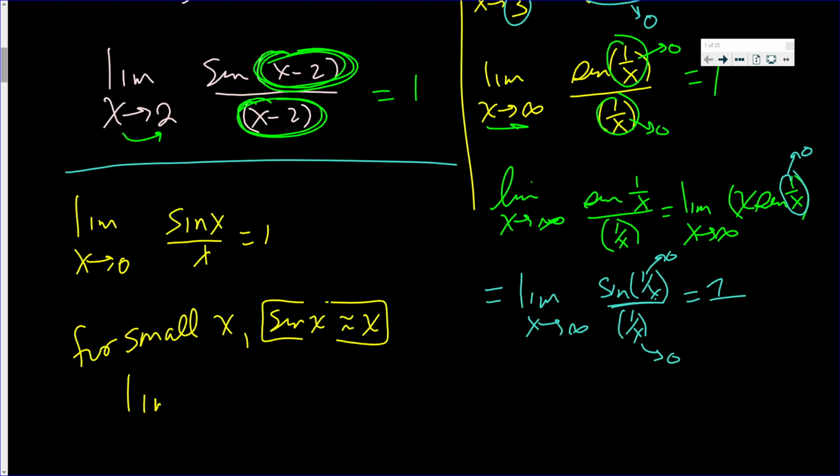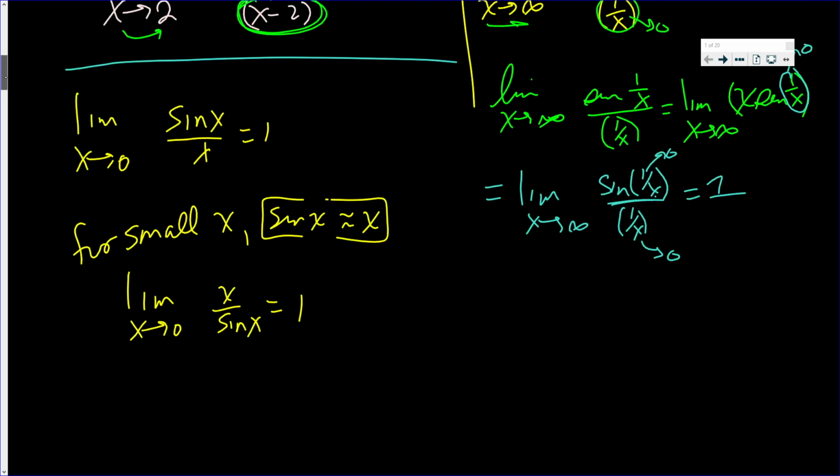So what would the limit as x goes to 0 of x over sine x be? Well, when x is really, really small, x and sine x are about the same. So we get 1.